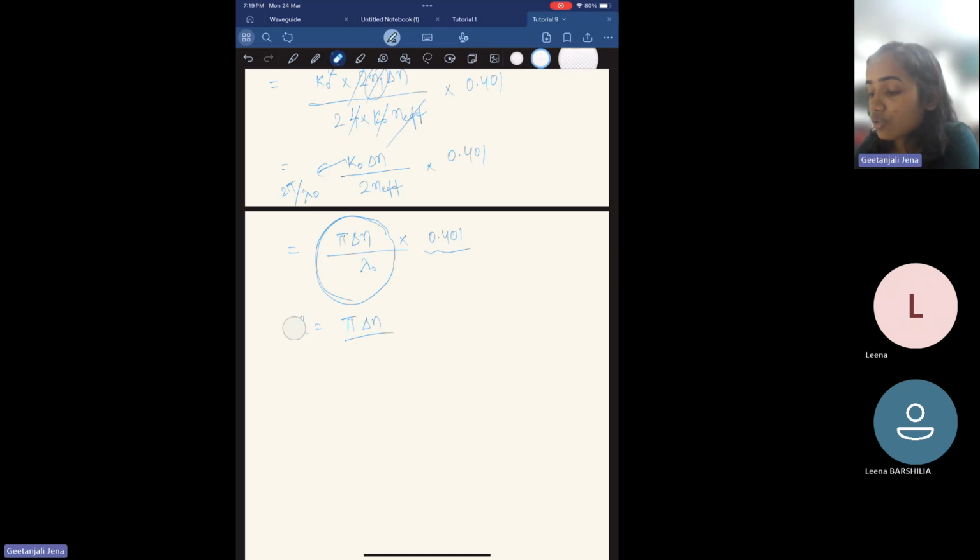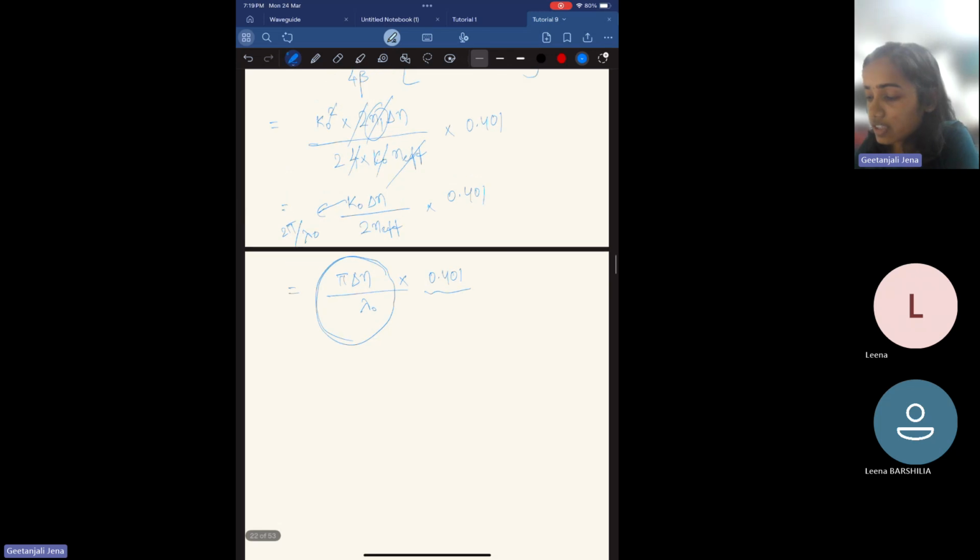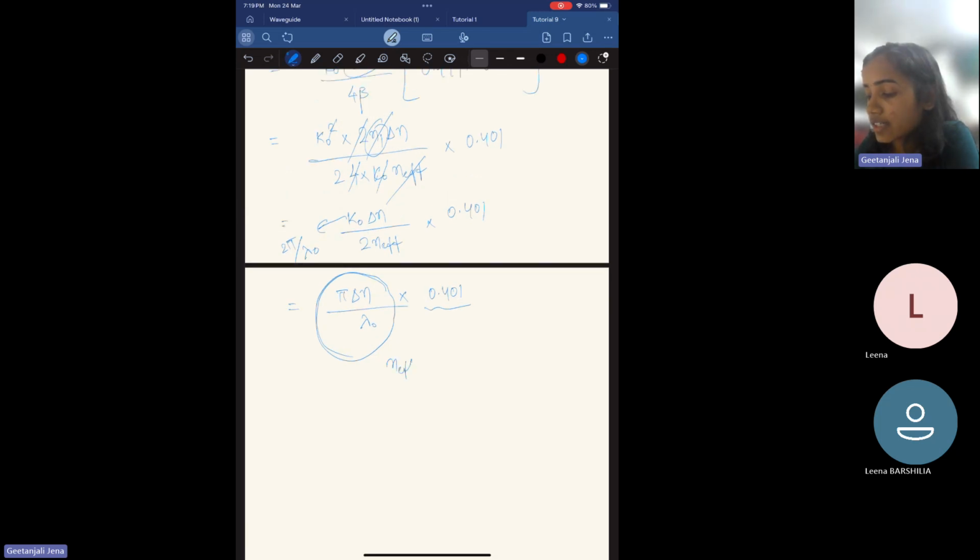So N1 is, it's like you do an approximation. N effective lies between N1 and N2, right? For a guided mode, it should lie between N1 and N2. And the values of N1 and N2 are close to each other. If one is, let's say, 1.46, then the other is around 1.45.